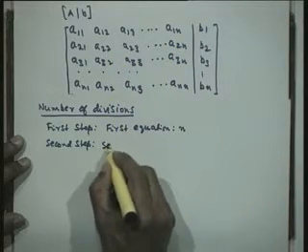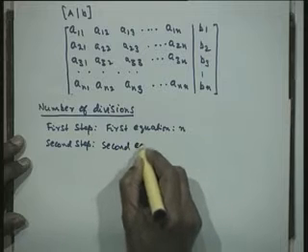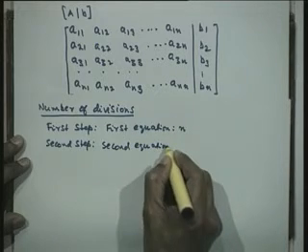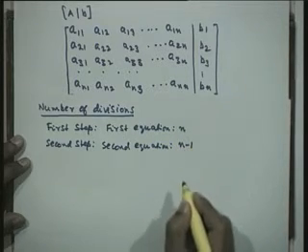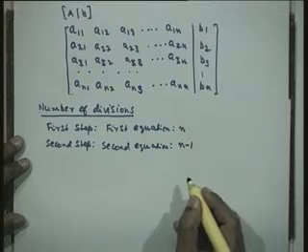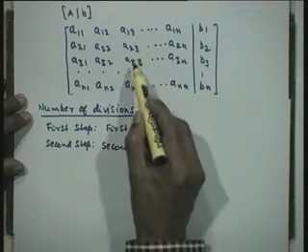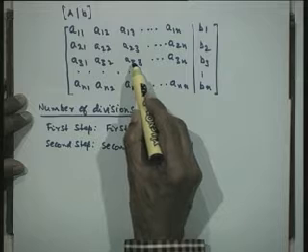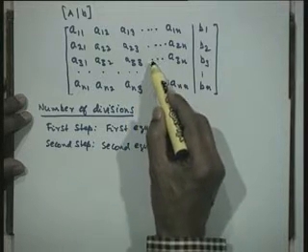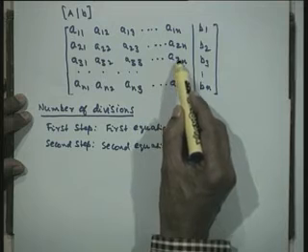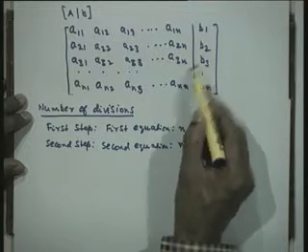So, there are n minus 1 divisions in the second step. When we go to the third step, I am now with the pivot at this location, so I am dividing n minus 3 plus 1, that is n minus 2 elements, and so on.